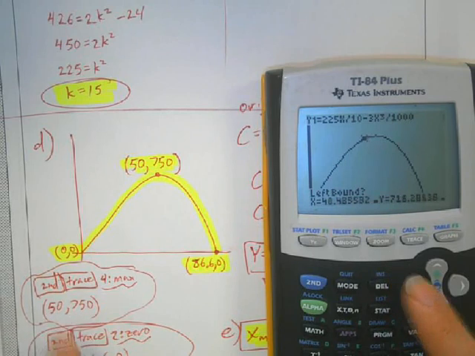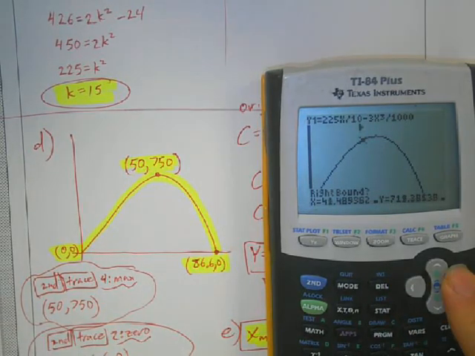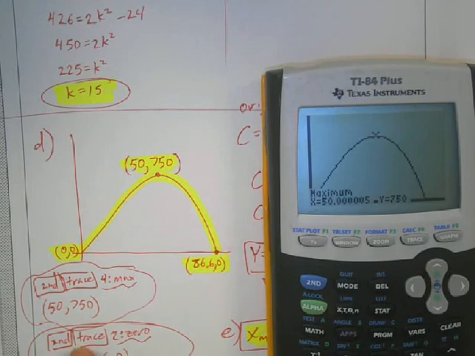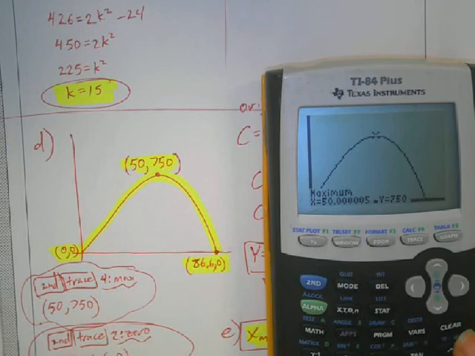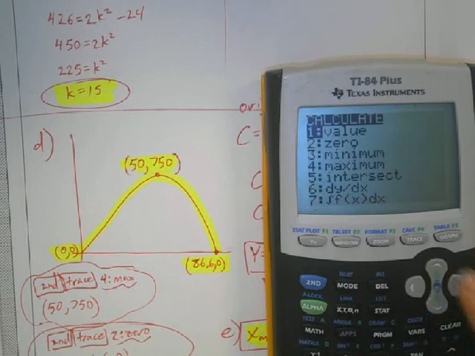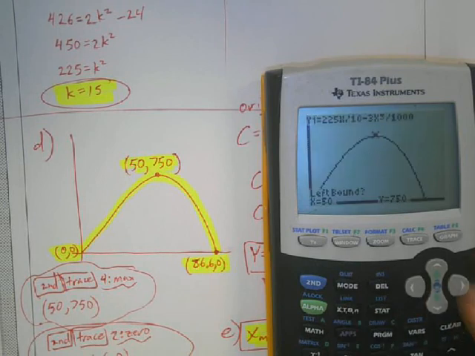So I hit enter, go to right bound. I hit enter. It says guess. I hit enter. And then we get 50, 750. And then second trace to find the 0. And I'm going to go way over here.